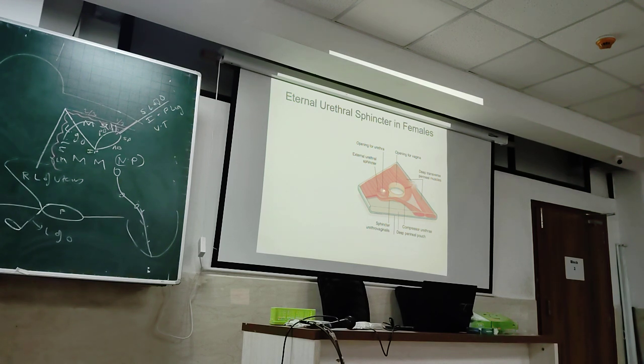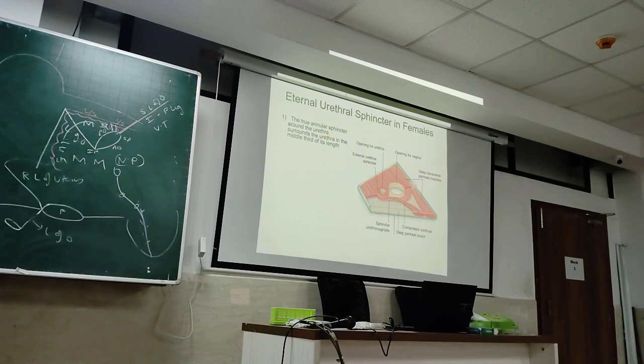So this is the annular sphincter. We start from the ischial ramus and go to the other side. It's called the compressor urethrae, and those which surround the urethra and vagina, the urethrovaginalis.